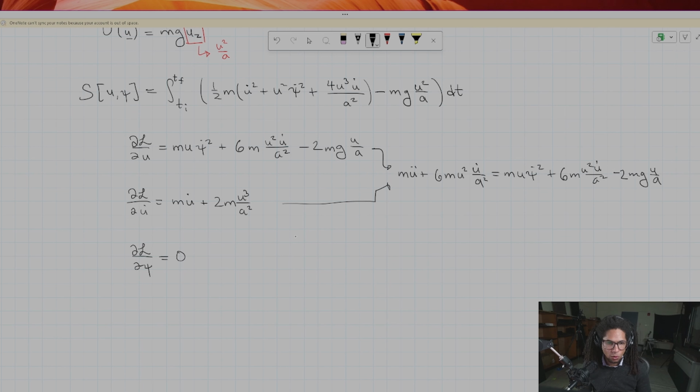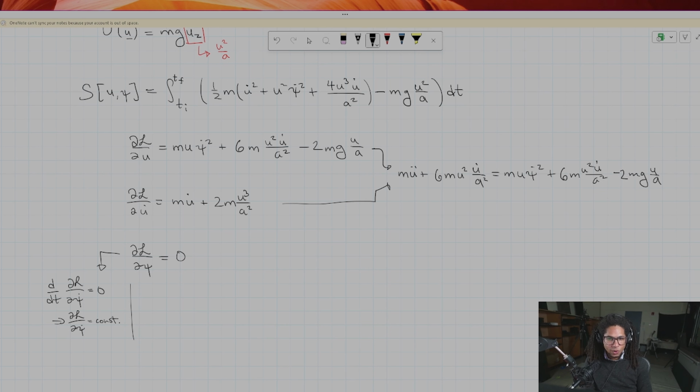Now we'll get to talk more about this in the next set of videos, but I want you to notice that when dL/d psi is equal to 0, or the derivative of L with respect to any of the generalized coordinates is equal to 0, it means that the derivative of L with respect to the derivative of that generalized coordinate is constant, because it's going to give me the Euler-Lagrange equation, d/dt of dL/d psi dot, is equal to 0. So dL/d psi dot is equal to a constant. And this is super important.